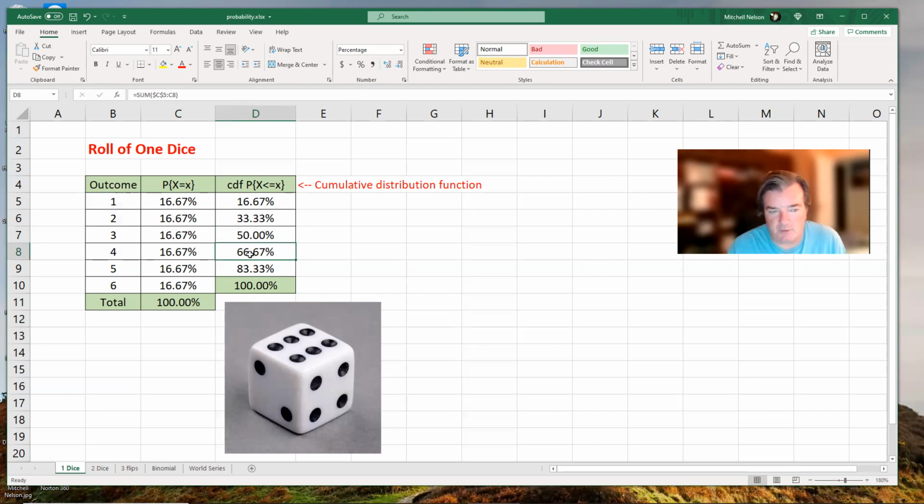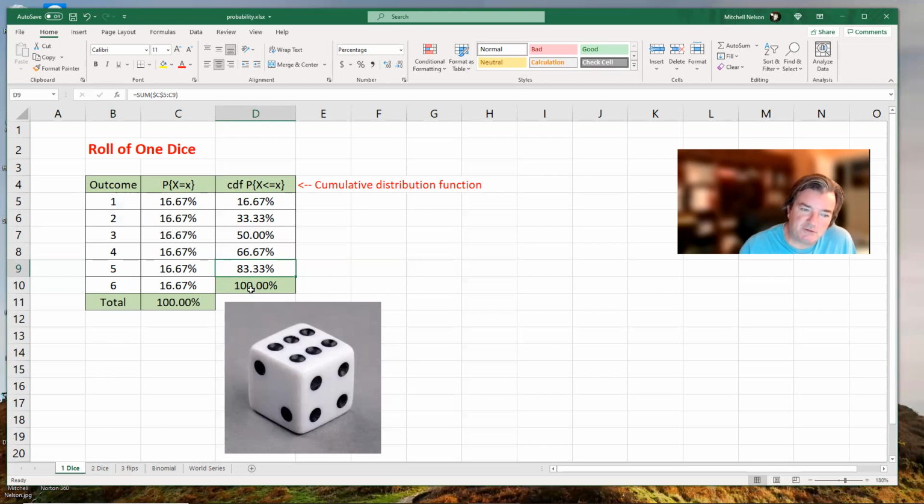And then just continuing the cumulative distribution function for 4, the probability that the dice comes out 4 or less is 2/3, 66.67. The probability that it's 5 or less, meaning 5 or 4 or 3 or 2 or 1, is 83.3%. 5 out of 6 is the probability that it'll be 5 or less.